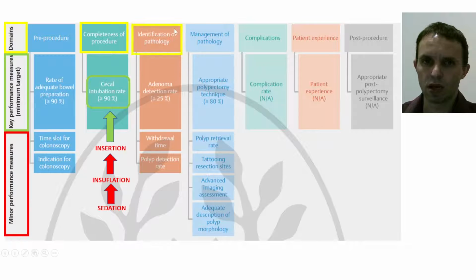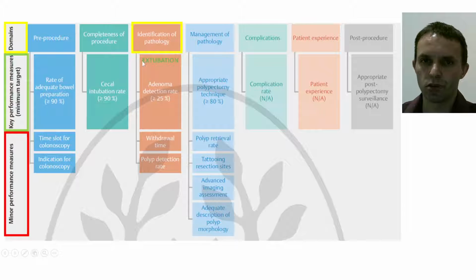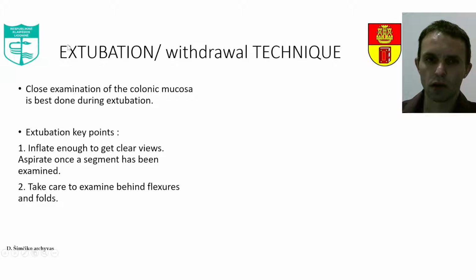In this episode, I would like to talk about the identification of pathology domain and start with the extubation, or in other words, withdrawal of the colonoscope. Close examination of the colonic mucosa is best done during extubation.